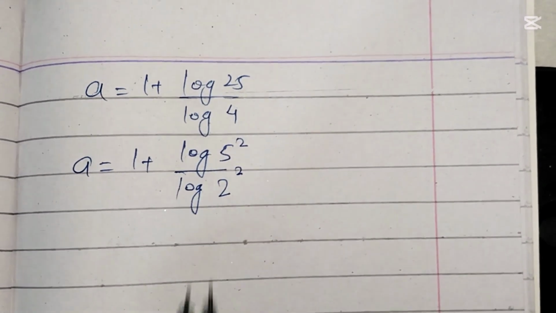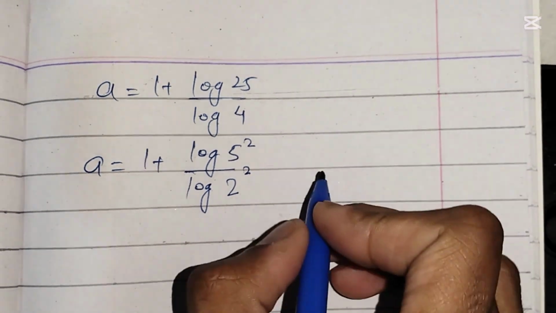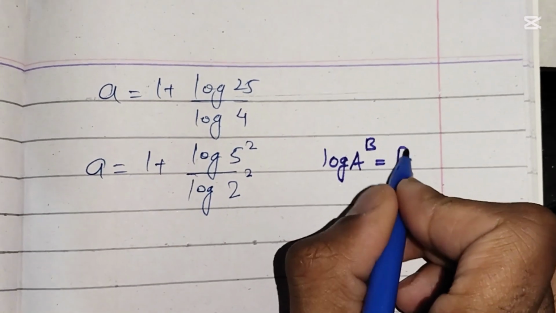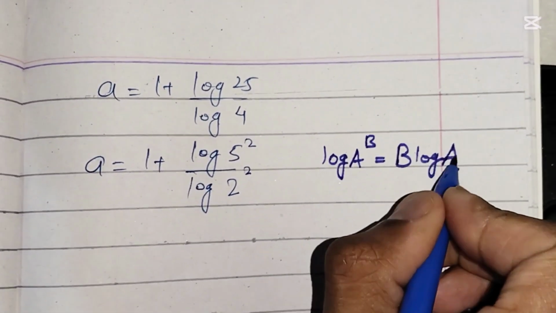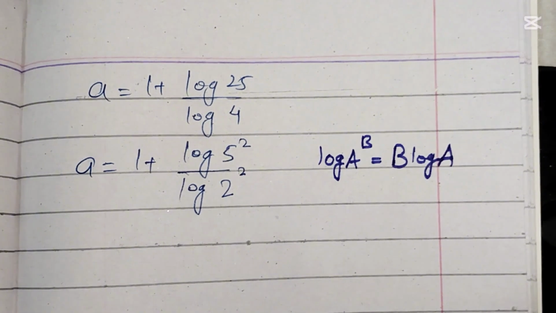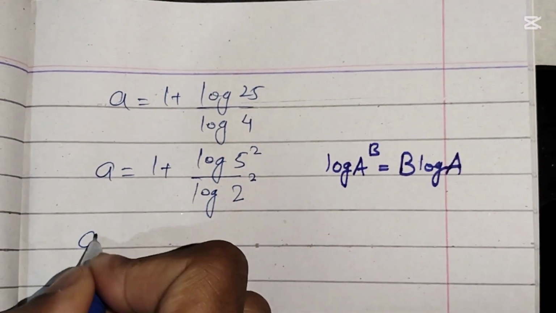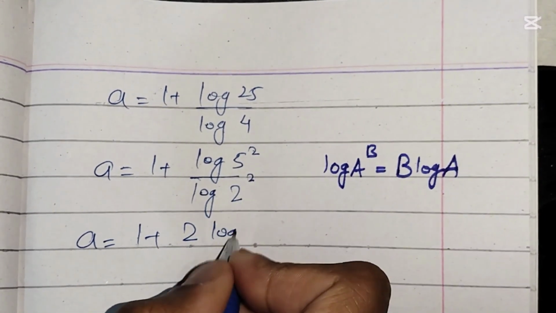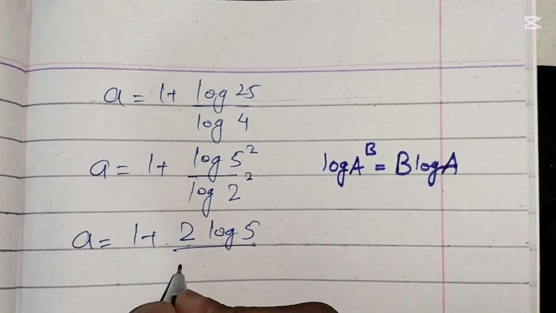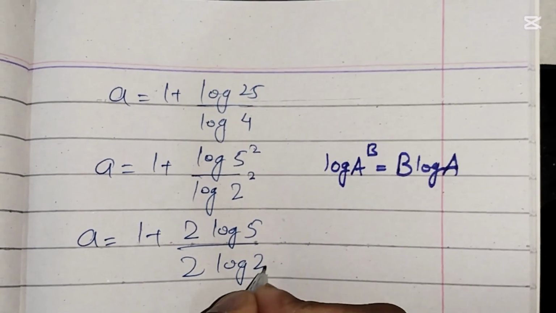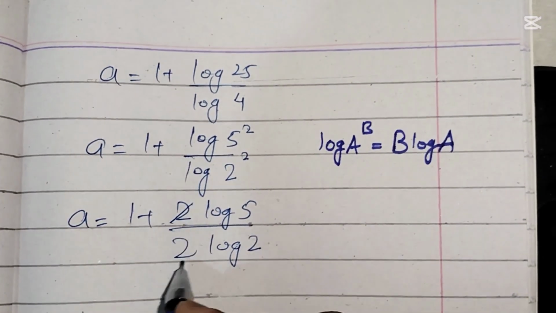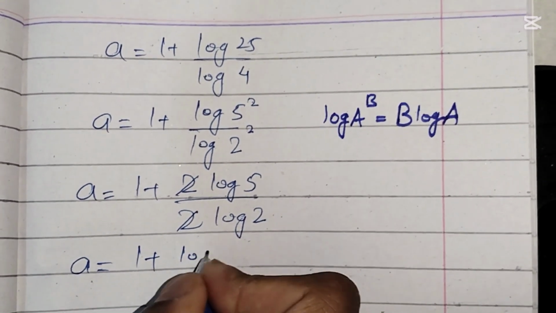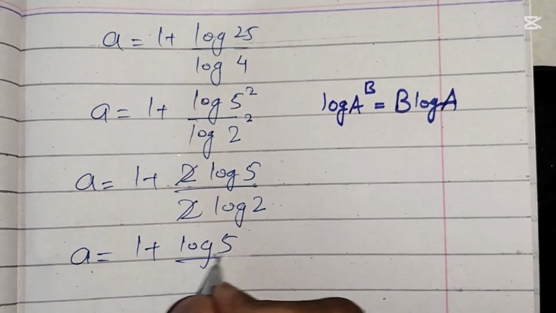Now in the numerator and denominator, we will use the earlier formula: log of a power b is written as b times log of a. So a will be equal to 1 plus 2 times log of 5 over 2 times log of 2. This 2 cancels with this 2. We get a equals 1 plus log of 5 over log of 2.